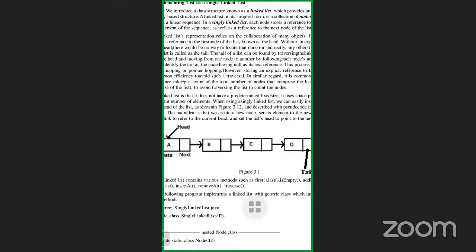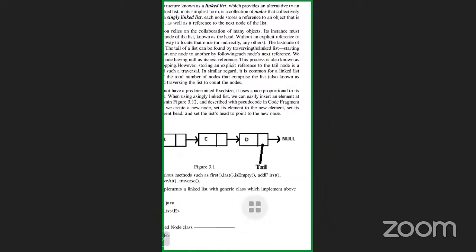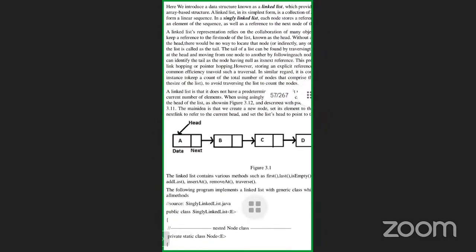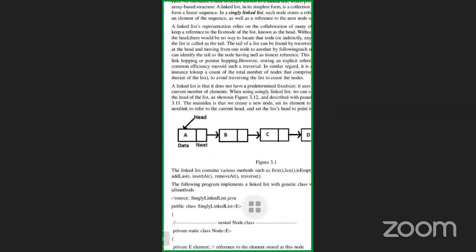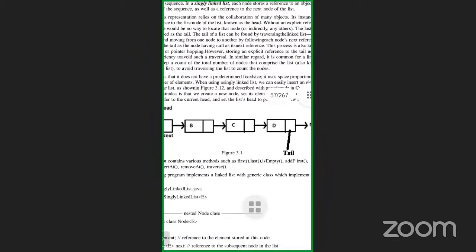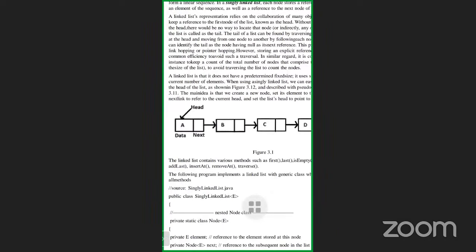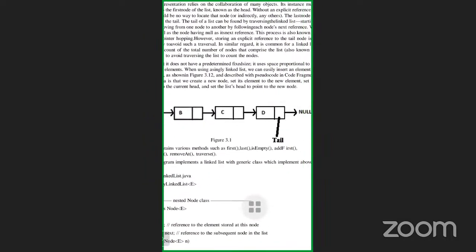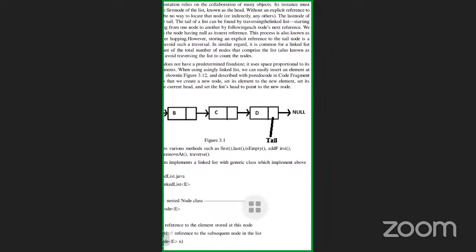The tail of the list can be found by traversing the linked list starting at the head and moving from one node to another by following each node's next reference. We can identify the tail as the node having null as its next. So how can you find the last node? If the last node points to null, there is no next node.